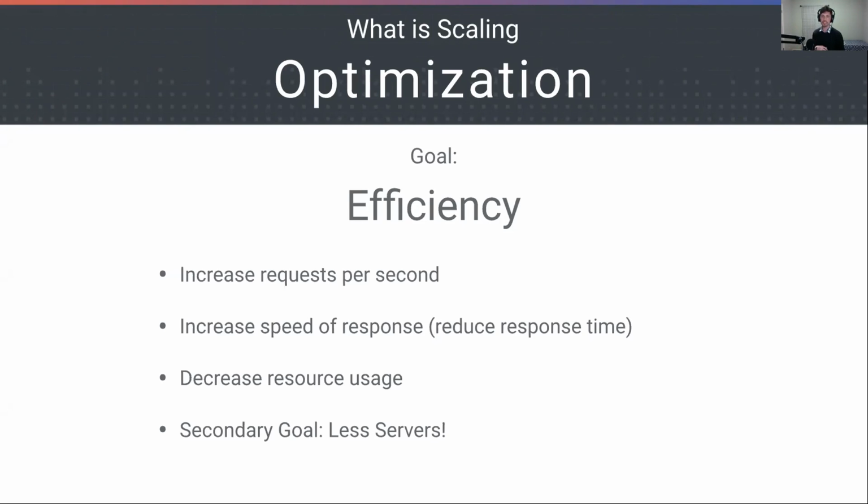You can do that by increasing the speed of the response, which is the same as reducing response time, or decreasing resource usage for the same amount of traffic. That also is more efficient, and that would allow you to have more traffic to your server. So the secondary goal there is also using fewer servers if you can, which might be a nice feature of optimization as well.